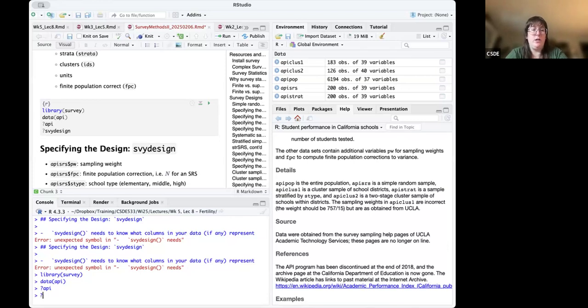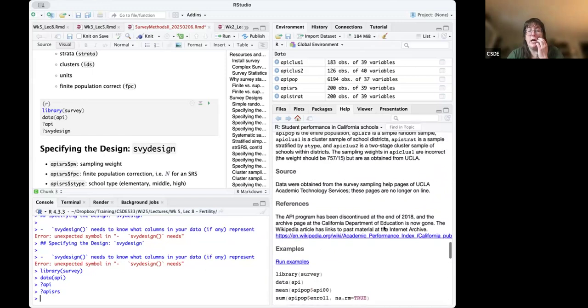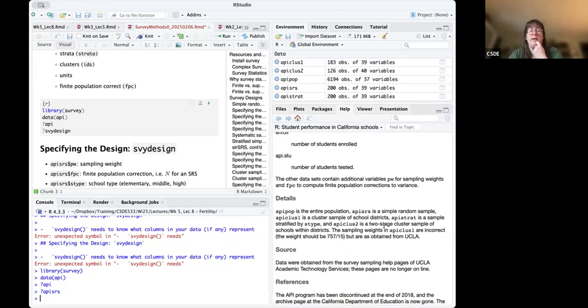And if we were to look at apisrs, we don't really need much explanation there, but this is a simple random sample, right? So it's just going to be sampling however many, in this case 200 schools from this list of 6,194. But when we get into the stratified and the cluster samples, we need to know what the stratifying variable is and what the cluster variable is.